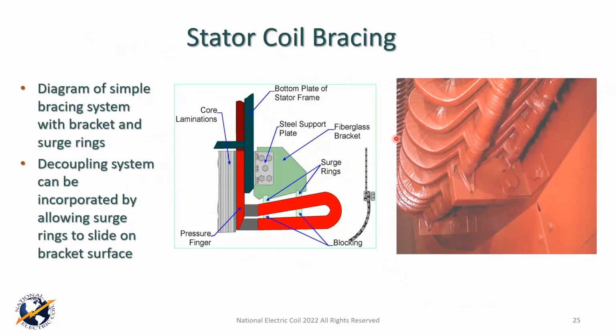Anyway, coil bracing systems. We've got these coils hanging out there. In the older designs, the distance from the series connections and the phase leads back to the core was not all that great, okay? Now, over time, as designs were enhanced and improved, and the power output of the machines became greater, what we found is these end windings were extended, okay?